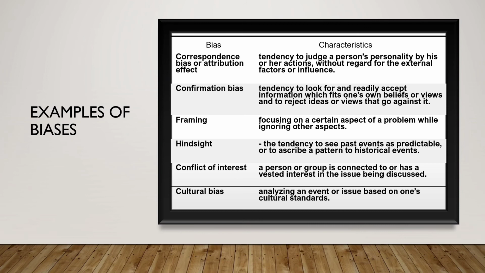And the last one is cultural bias. Cultural bias is analyzing an event or issue based on one's cultural standards. Kung di pasok sa standards, di ba? That is when we start to have bias.